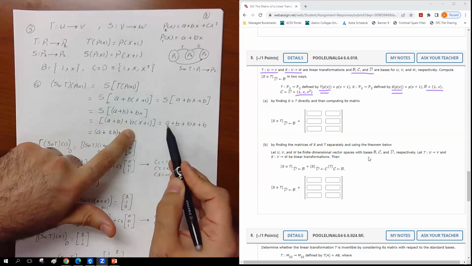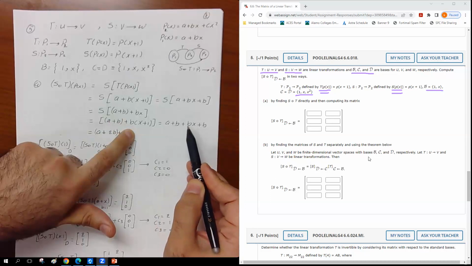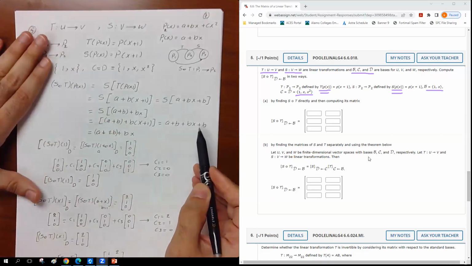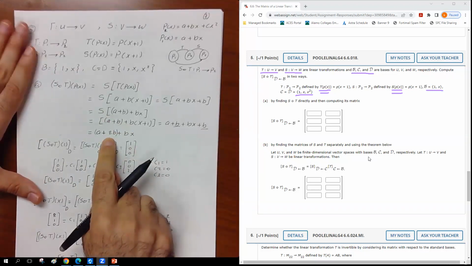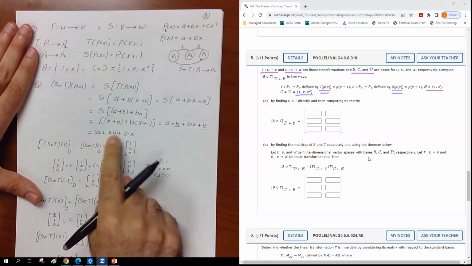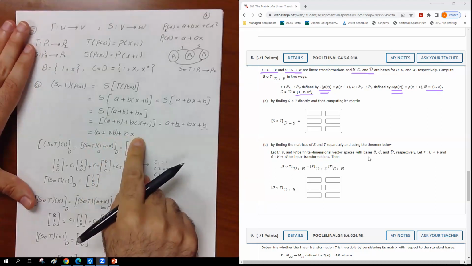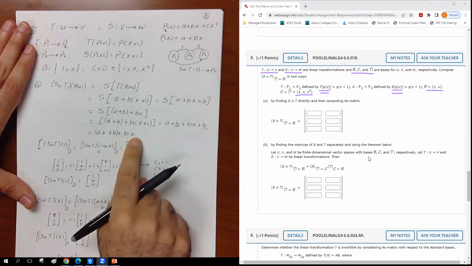Do the same thing: a plus b, I distribute the b, which is bx plus b. So in this case, b plus b is going to be 2b. So a plus 2b plus bx. So here's our transformation directly.